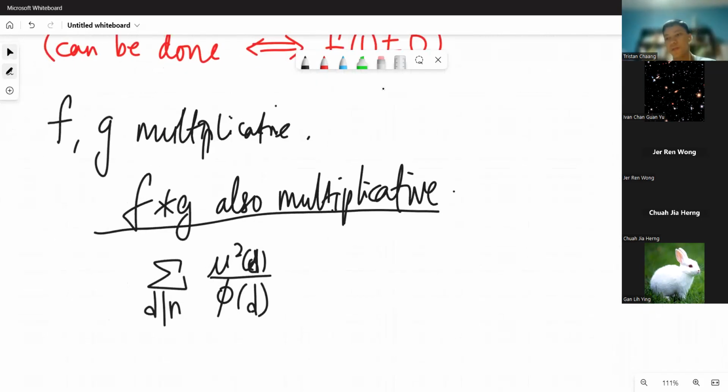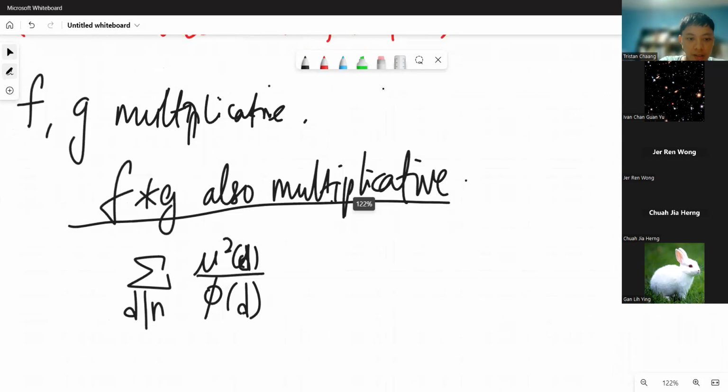If it's multiplicative, we can just focus on the prime powers. Remember that. If it's a multiplicative function, we can just focus on the prime powers.